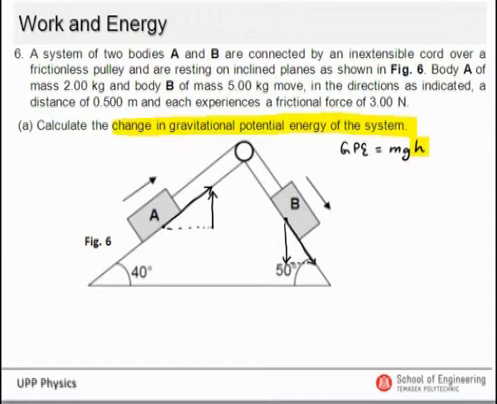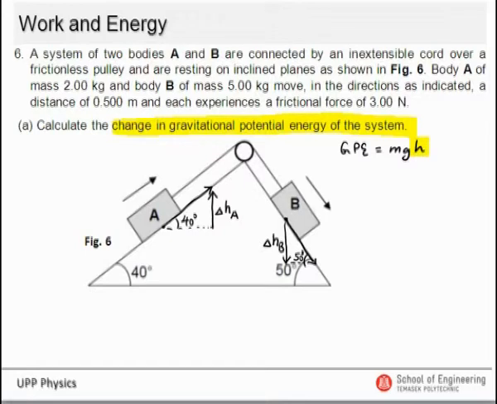So body A is inclined at an angle of 40 degrees, whereas body B is 50 degrees. I'm going to call this rise in height for body A, change in height for A, and that for body B as change in height for body B. Can we find change in HA and HB respectively?